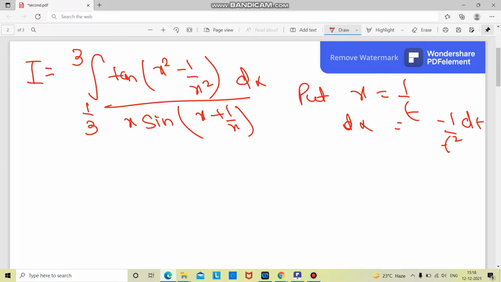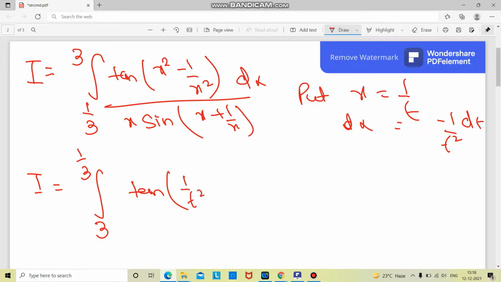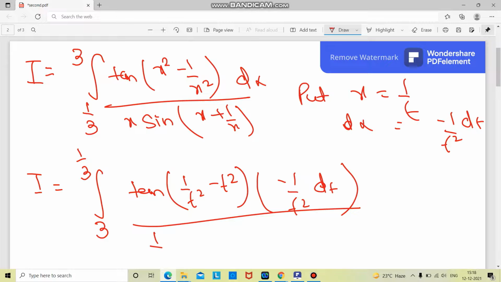Now I is equal to, limits will be interchanged, 3 to 1 by 3 of tan of (1 by t square minus t square), dx would be minus 1 by t square dt, divided by 1 by t times sine of t plus 1 by t.